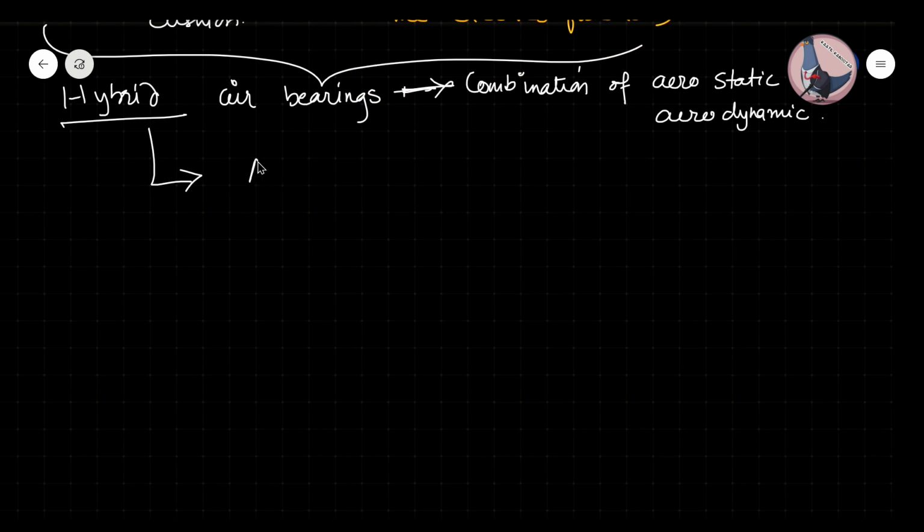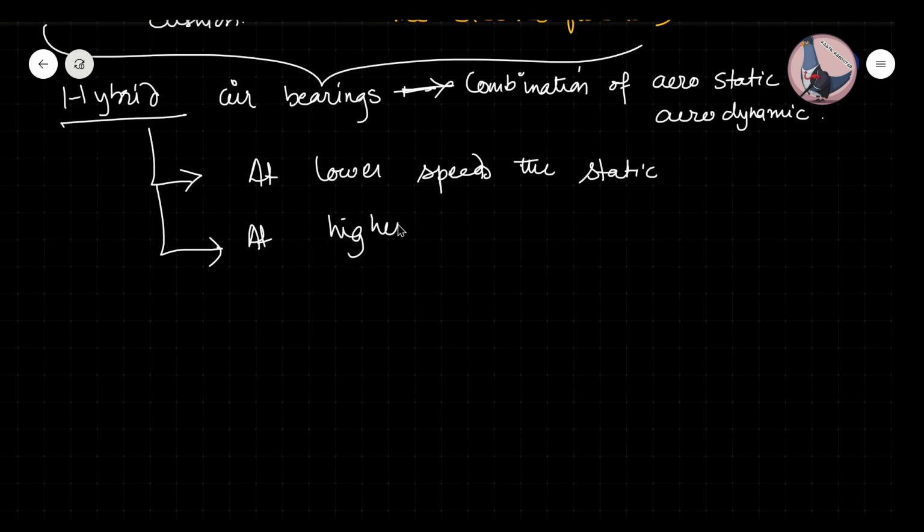At lower speeds, the static principle is used, where you use an external source to provide the pressurized gas, and at higher speeds, the dynamic principle is used, where you capture an amount of fluid, and then just by motion you create a wedge, pressurizing it under an enclosed area.